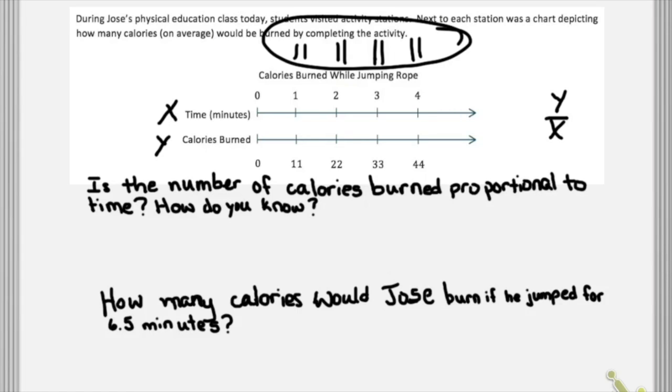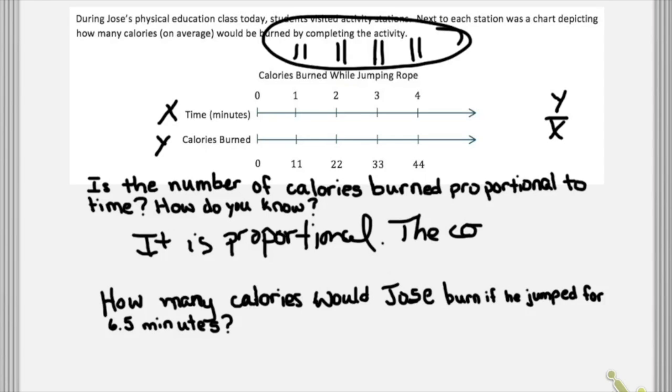So yes, it is proportional. We can say the constant is 11. How many calories would Jose burn if he jumped for 6.5 minutes?